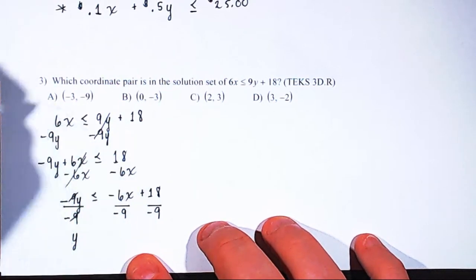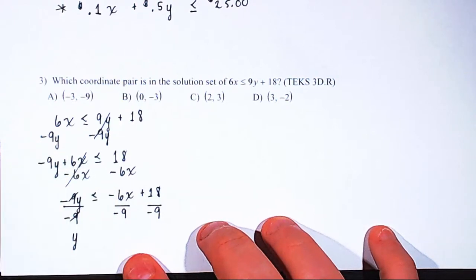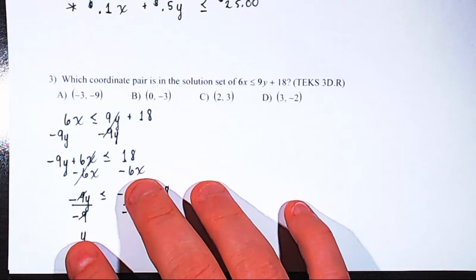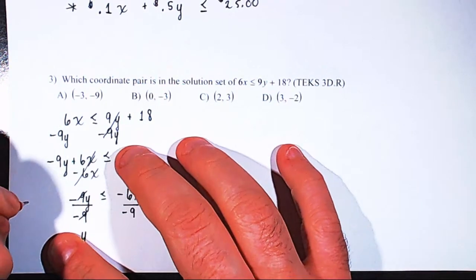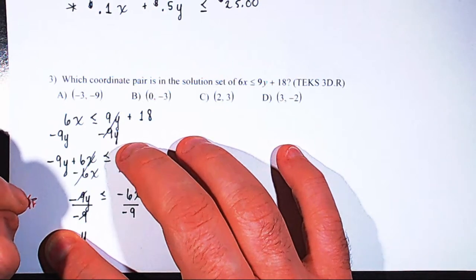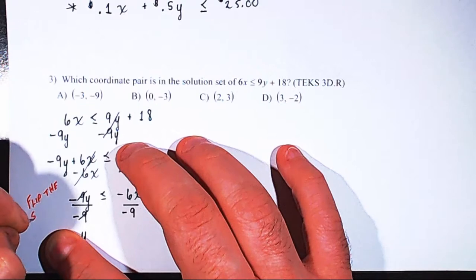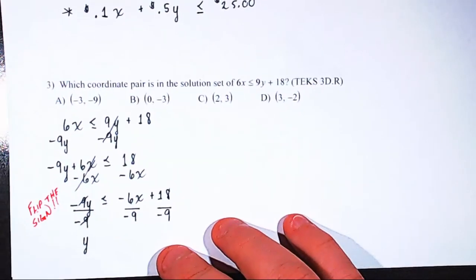We're not quite done yet because we need to remember to flip the inequality symbol because we divided by a negative. All right, so this is important. It's so important that I want to highlight it. You have to flip the sign because you divided by a negative.